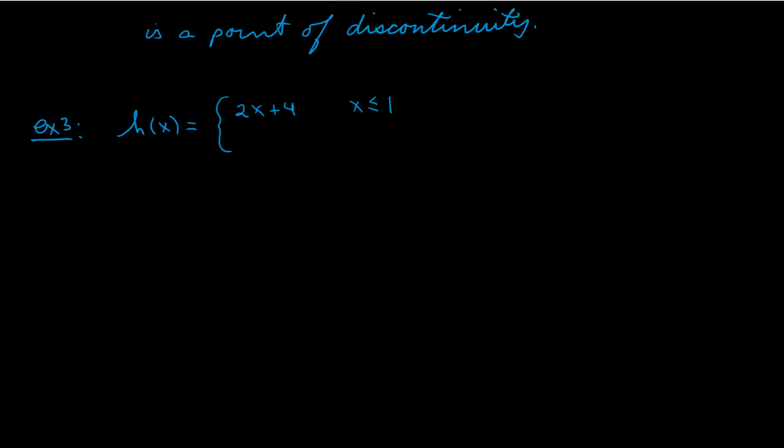And let's say it's equal to 6x for x greater than 1. Determine if this piecewise function is continuous at x equals 1. So the question is, is this continuous at x equals 1?